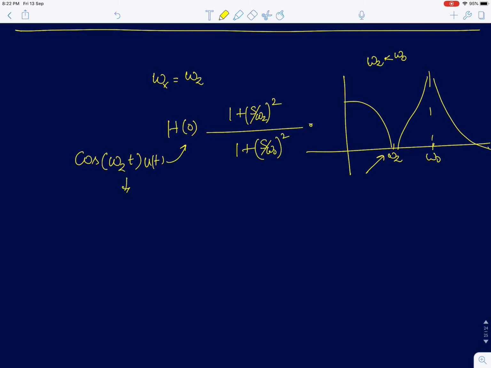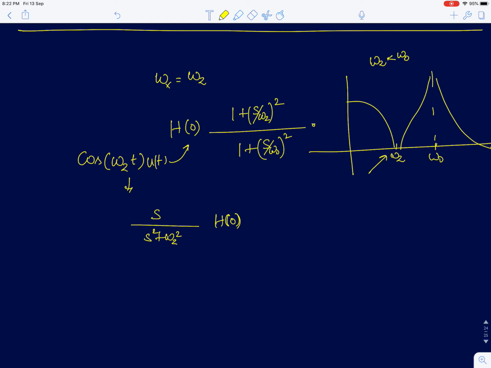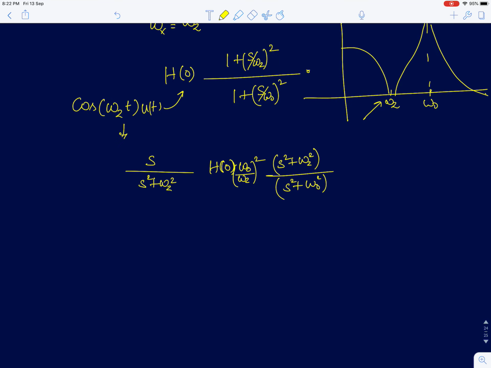So again, I'll use the Laplace transform of this. In this case, it's s by s square plus omega z square, into h of 0, and the transfer function can be written in simplified terms as h infinity times (s square plus omega z square) by (s square plus omega naught square), with h infinity being omega naught by omega z the whole square times h of 0.